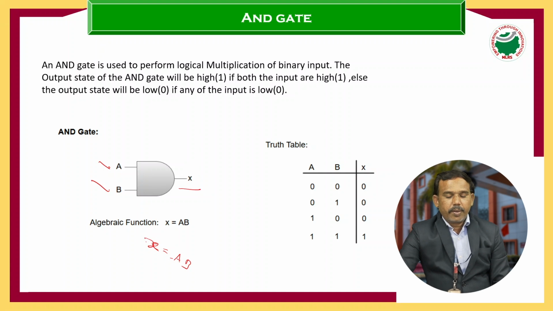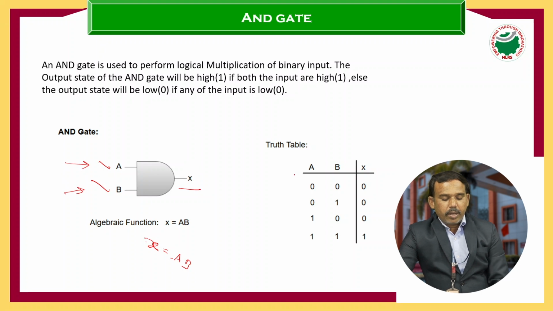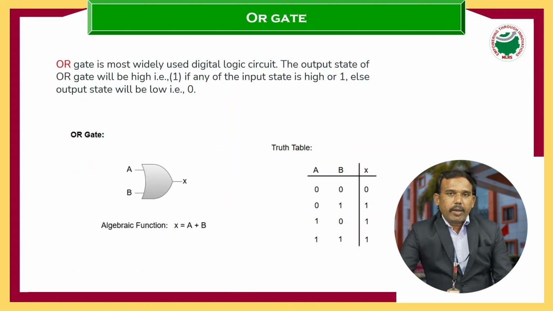For the truth table, we pass two inputs, A and B. For 0 0, the output is 0; for 0 1, the output is 0; for 1 0, the output is 0; and for 1 1, the output is 1.